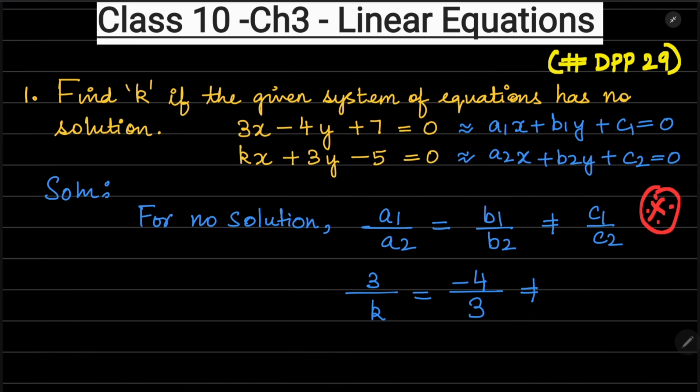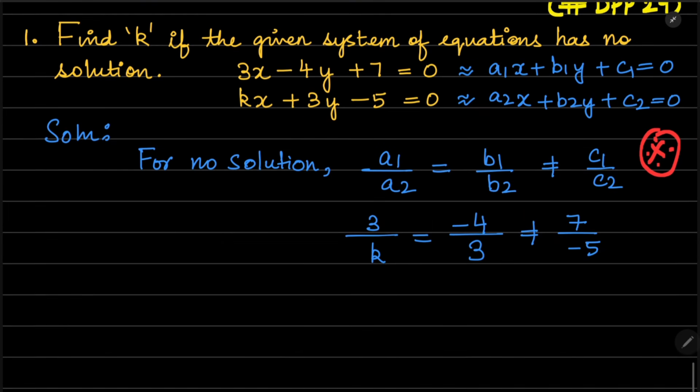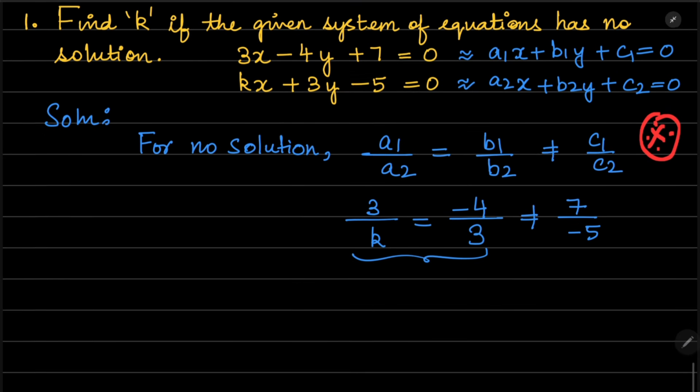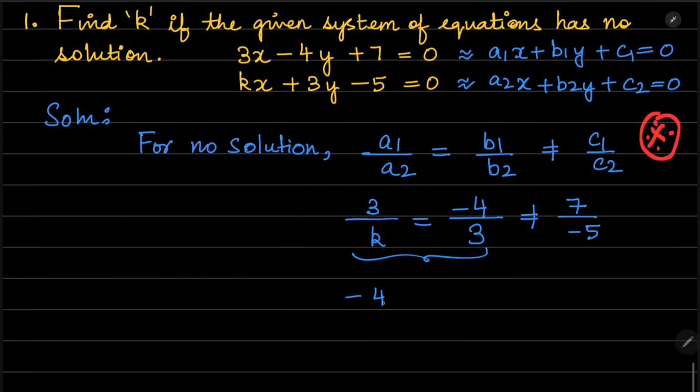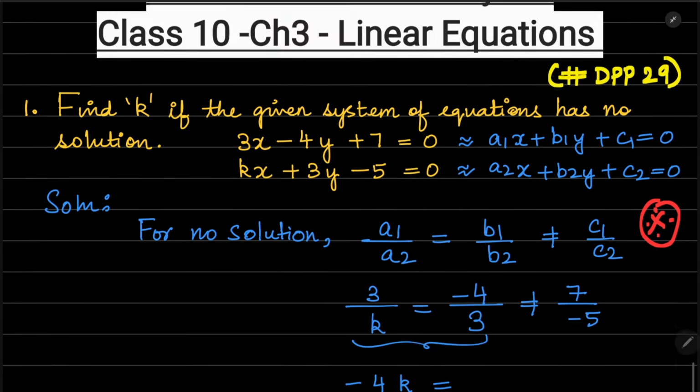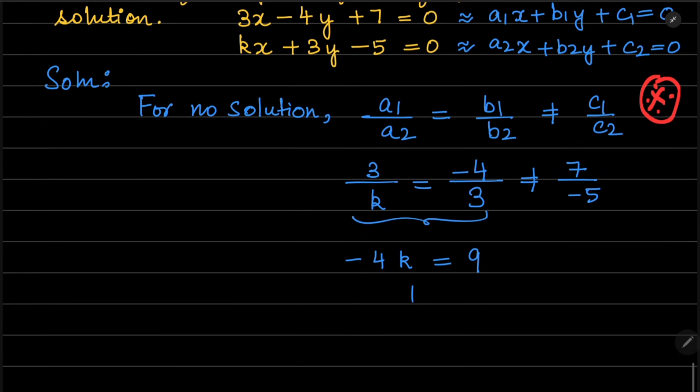It should not be equal to 7 divided by minus 5. You have to find the value of k. Let's take the first two ratios which have an equality in them. So cross multiply: minus 4k equal to 3 into 3, which is 9. So k is equal to minus 9 by 4. So that's your answer. See how easy this question is.